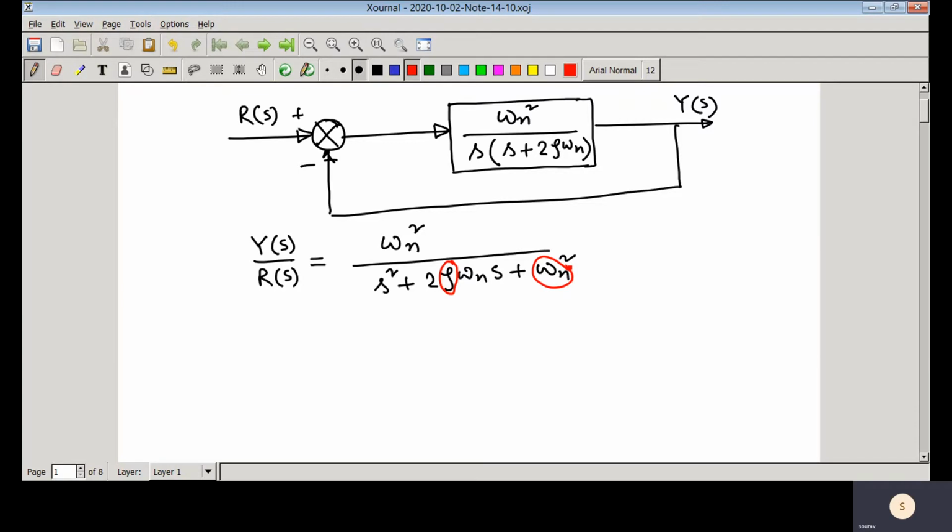So in second order system transfer function model, this omega n is known as that natural frequency, unit is radian per second, and this zeta, it is called that damping ratio.